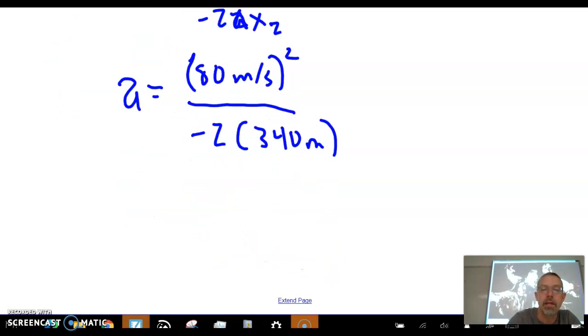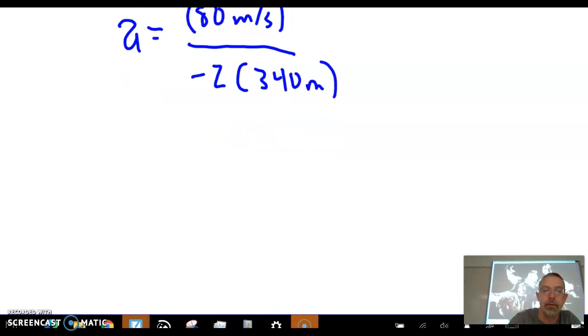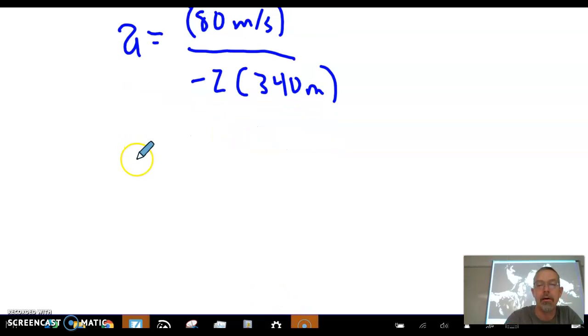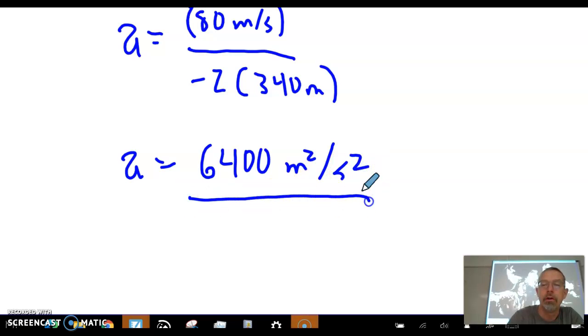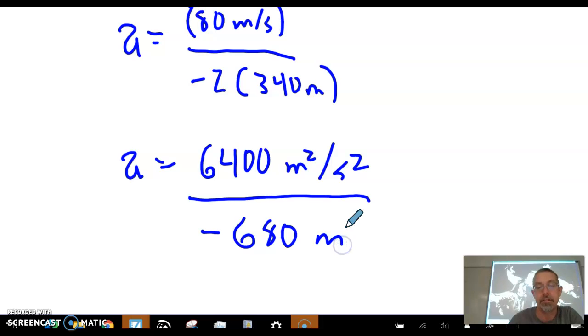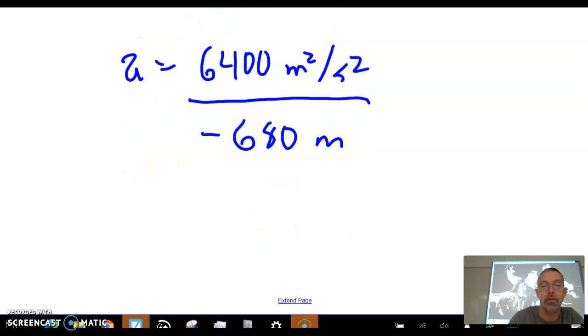Now I'm just crunching some numbers here. So now I have my acceleration equals 6,400 meters squared per second squared over a negative 680 meters. That negative implies that it's a negative acceleration, which is what we want. We're slowing down.